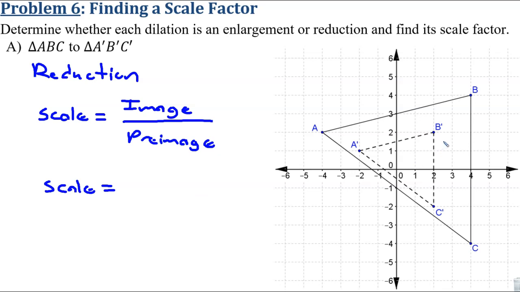It has a length of 1, 2, 3, 4. Divide that by its corresponding pre-image length. On the right side it is 1, 2, 3, 4, 5, 6, 7, 8. 4 over 8 is going to reduce down to 1/2. So I know my scale factor for this one is just 1/2. It got half the size as we reduced it down.